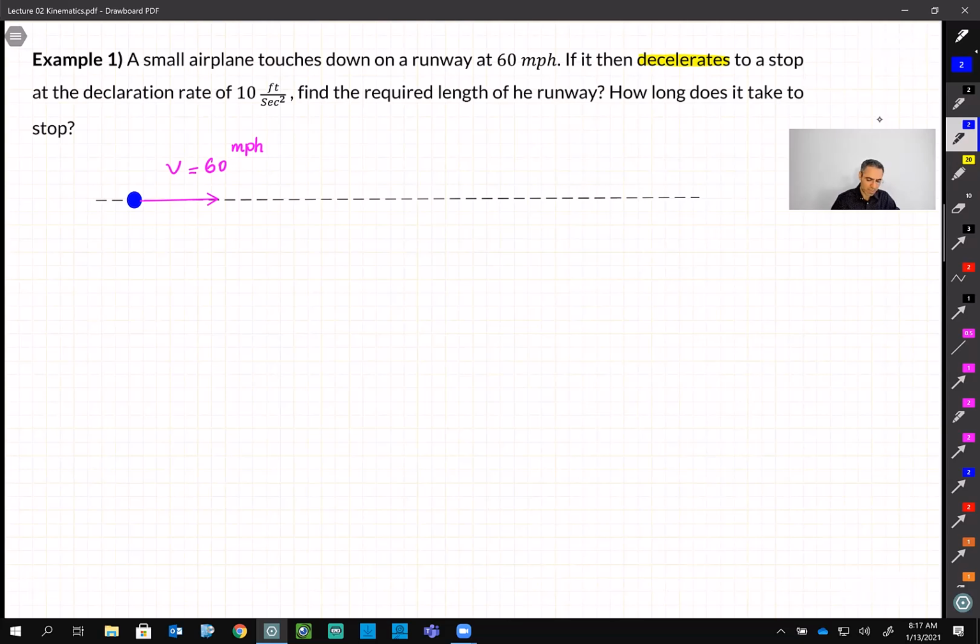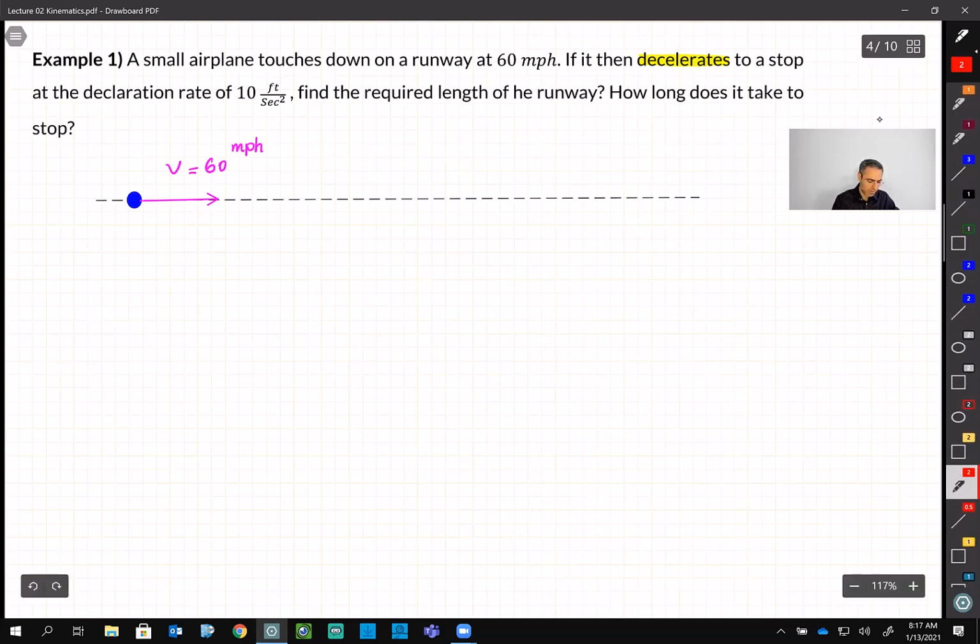So then I know my acceleration. Let me write it down here. So my acceleration is minus 10 feet per second. We'd better write second, but for simplicity, I just write s squared. Okay, so this is all the information that we have.